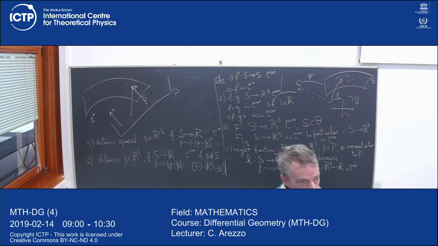In fact, even around any point. I mean, it's not just because there are many points on the surface. Around every point, there are infinitely many charts. So you need to find arguments which work for any chart. And that's a problem. You see?